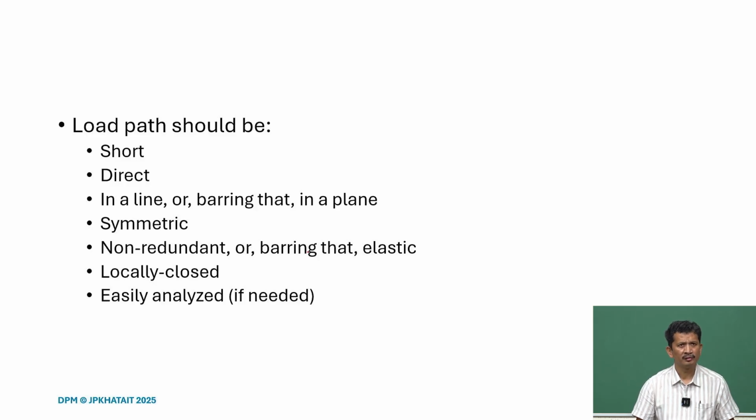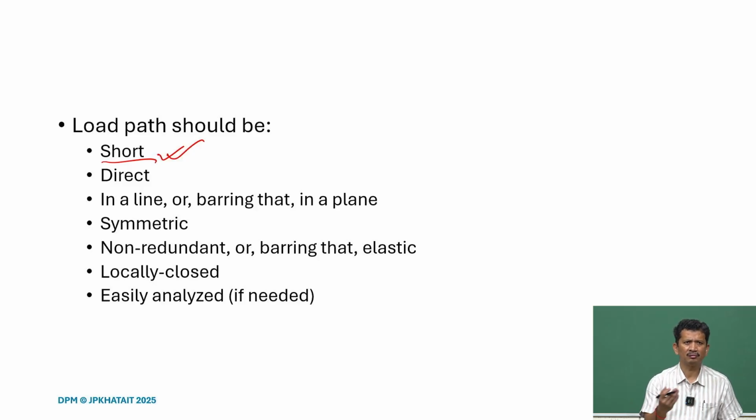So, a general rule of thumb, which of course comes from experienced designers who are building machines, and some are very intuitive. Short, yes, it has to be short, because otherwise if it's long, then many components will come in the way and we have to check their safety and failure.